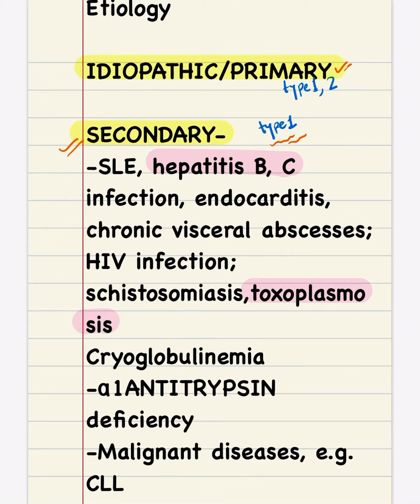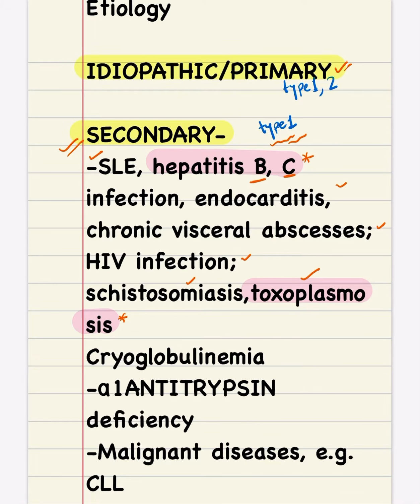The causes of secondary MPGN can be autoimmune diseases like SLE, then infections, very important, hepatitis B, hepatitis C. The MCQs come on these causes, then endocarditis, chronic visceral abscesses, HIV infection, schistosomiasis, toxoplasmosis, again MCQs come on this toxoplasmosis.